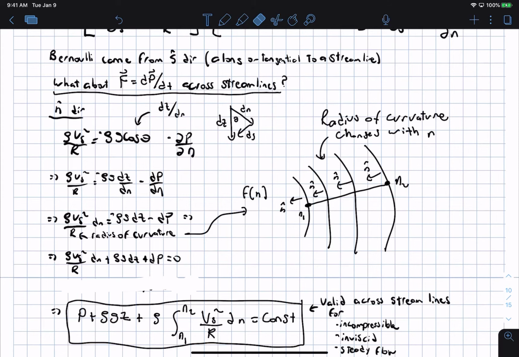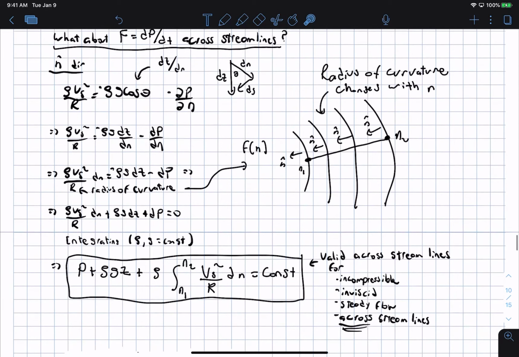You need to define that based on your flow. Okay, but again, we just integrate this, and I'm going to integrate it between some point 1, n1, and some point n2.